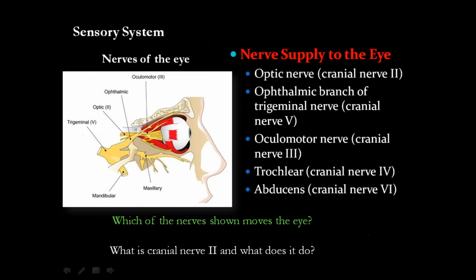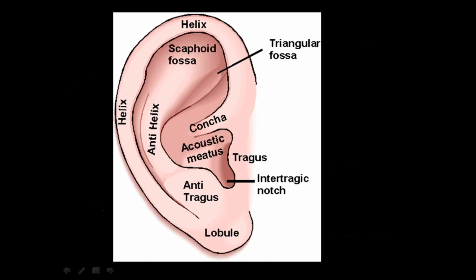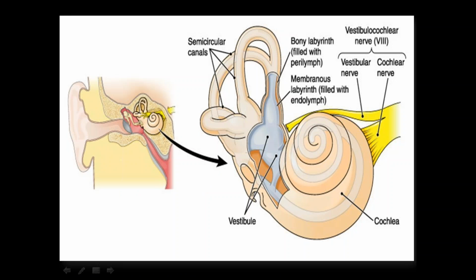All right, so that is about the eye. Now the ear. We need to remember the components of the ear. The outer ear goes from the pinna to the tympanic membrane. The middle ear is going to be the ossicles: the malleus, incus, and stapes.